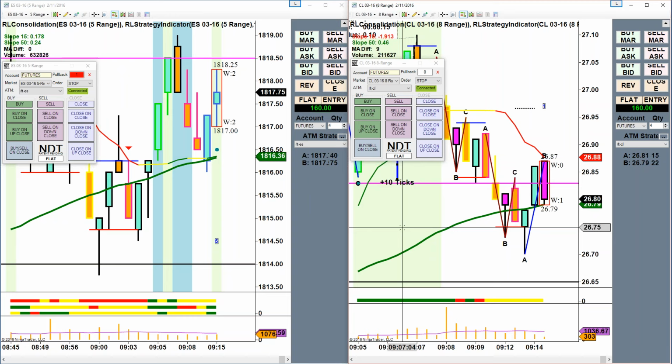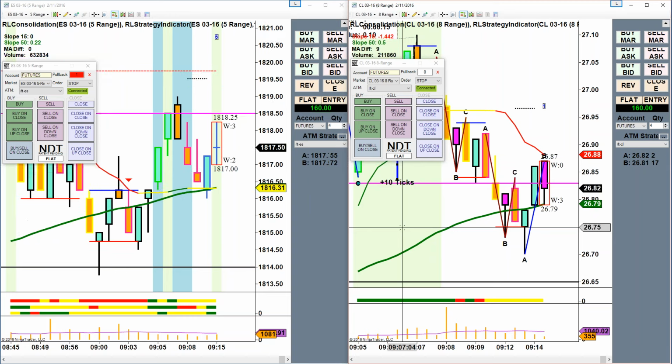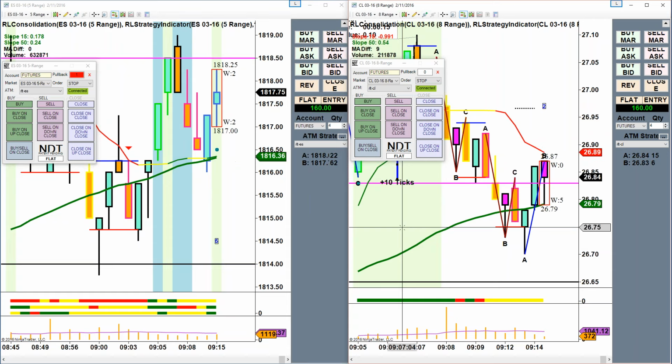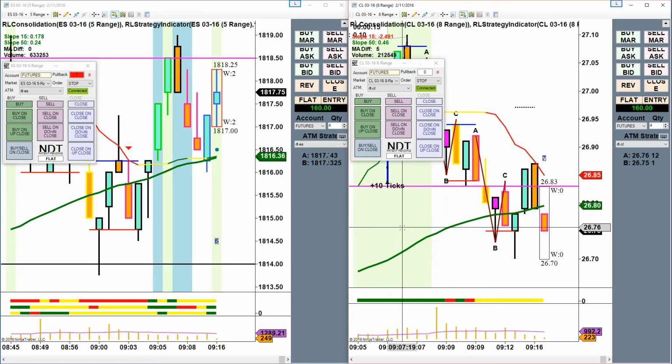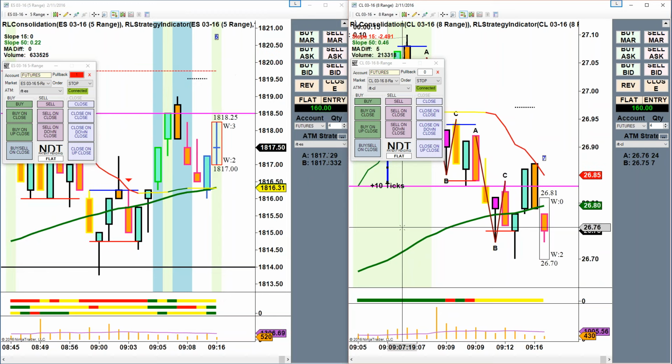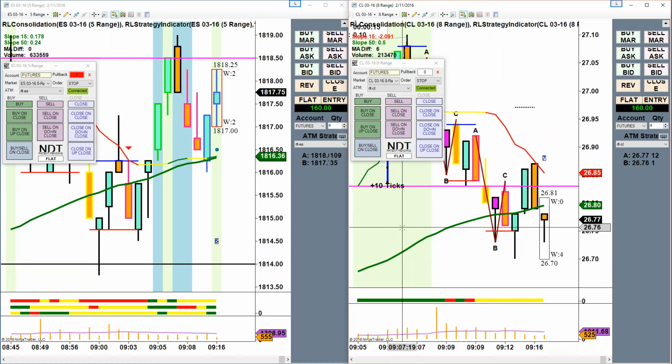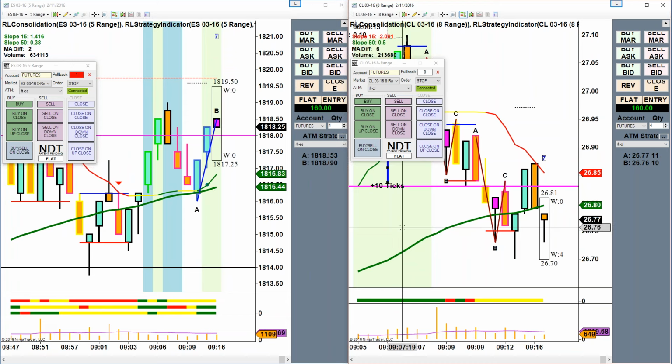And we have the value area high right above us on the E-mini. All three of our quant lines are just about turning on the ES.